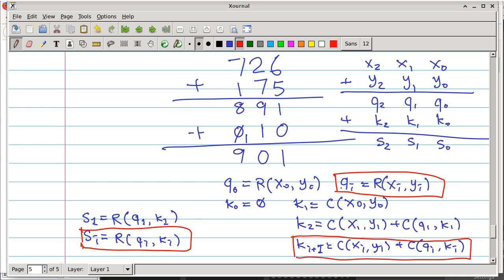In base 10, the R function cannot be done using Boolean operations, because 5 plus 7 would give you an R of 2, and 5 plus 7 would give you a C of 1 in base 10. So it cannot be easily done using just logic gates. But in base 2, it's pretty easy. We talked about how to convert those into logic gates.